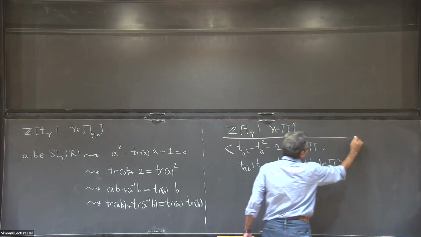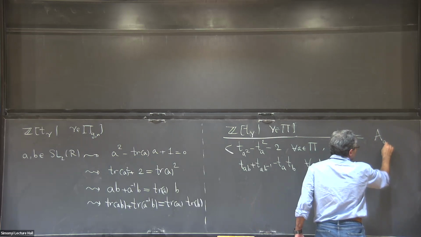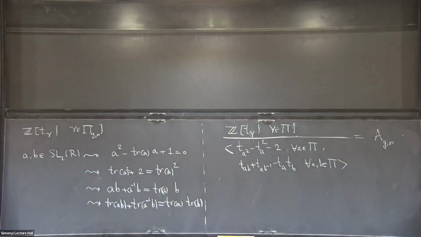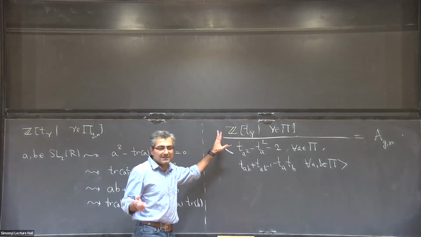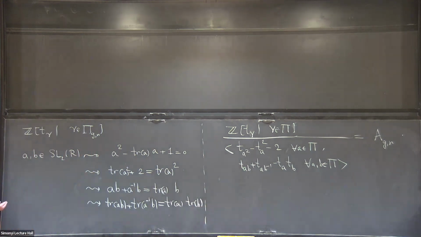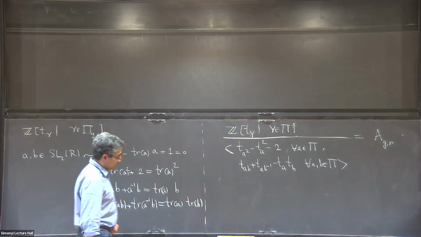So I look at this ring and I call it A of g comma n, because it only depends on g and n. In the spirit of defining schemes, this is supposed to be the coordinate functions of my scheme. What is not clear is why this is finitely generated. If it's not a finitely generated ring, then it's not going to be as interesting. The technical way to say it is that we don't get a finite type scheme.